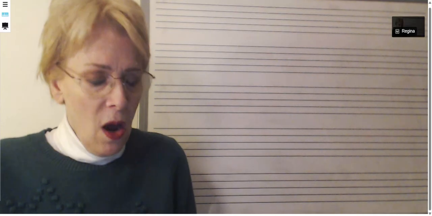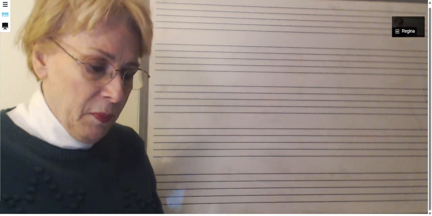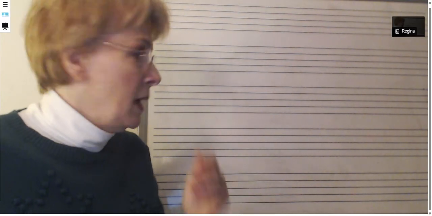Okay? So this is a review from the videos, but in the assignment that we're doing today, let me start out first by talking about closely related keys, because this is where you'll see common chord modulation happen.